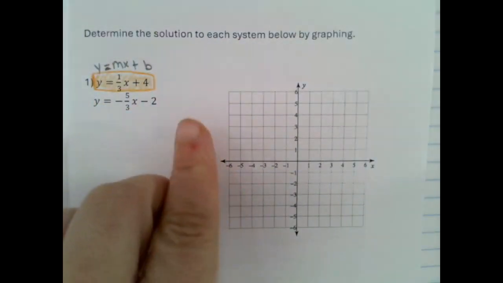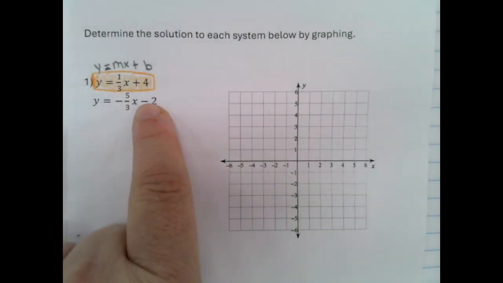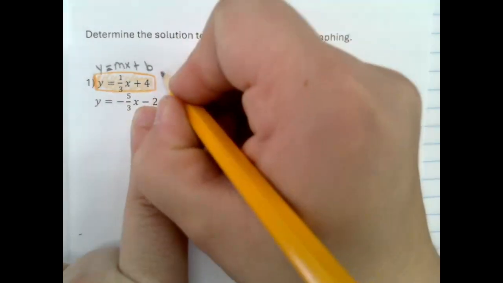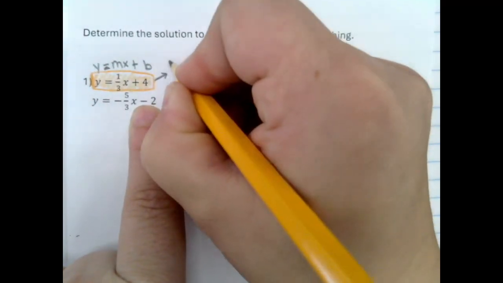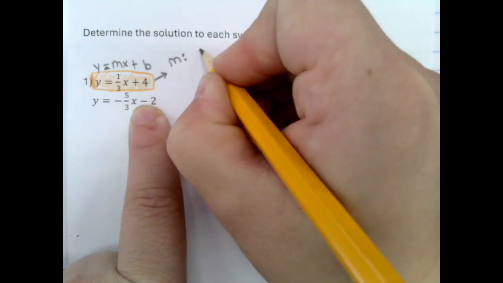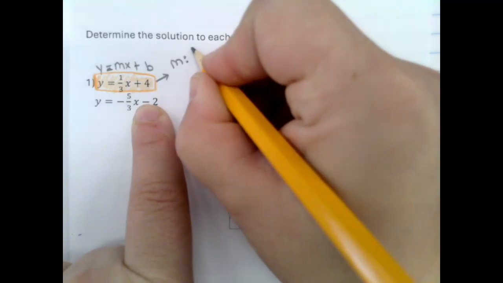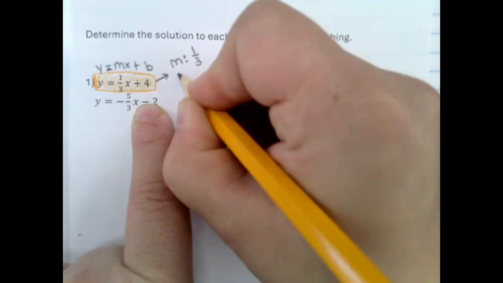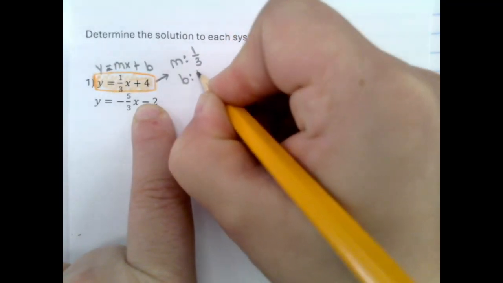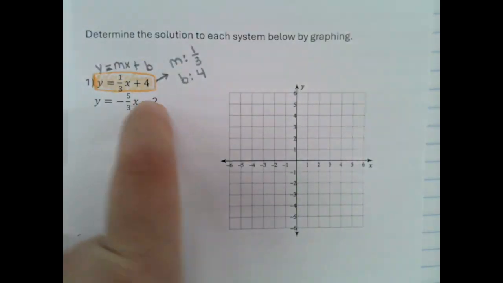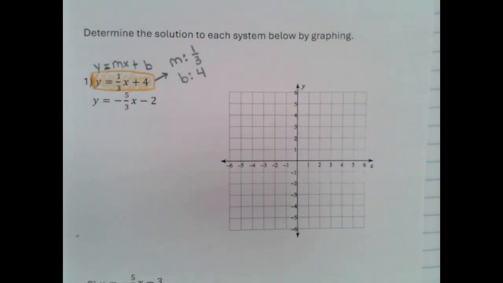Slope-intercept form. So this tells us two things. It tells us our m and it tells us our b. So for this one, what is the m? 1/3 is the m. What is our b? 4. So we're going to graph that line.